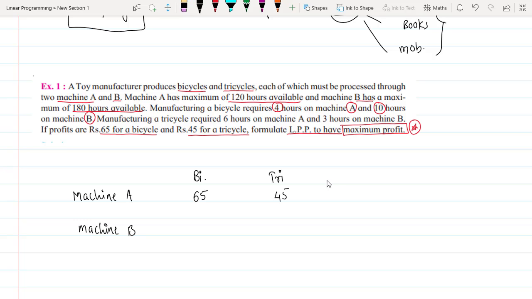So understand very carefully. So let me put this 45 and 65 somewhere here. We will require these numbers at the end, okay.